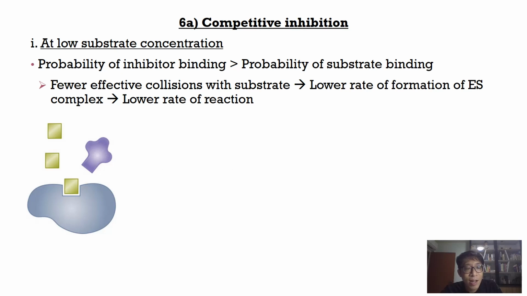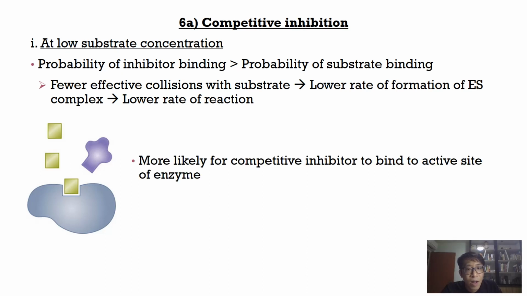And when the competitive inhibitor binds to the active site, as long as it stays bound, then obviously the active site is blocked from binding to the substrate. So the formation of the enzyme-inhibitor complex prevents the formation of the enzyme-substrate complex.